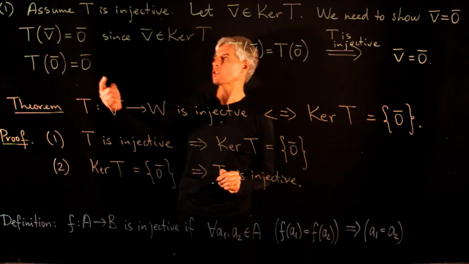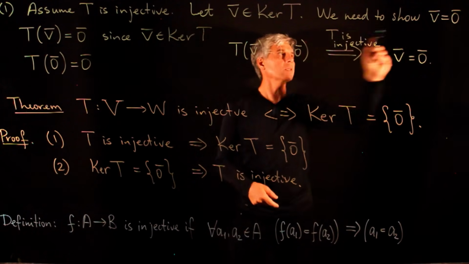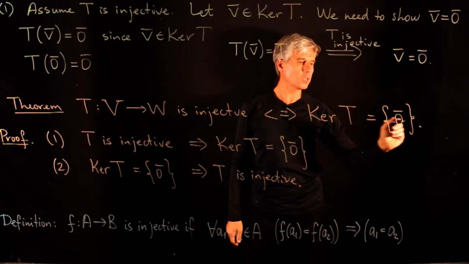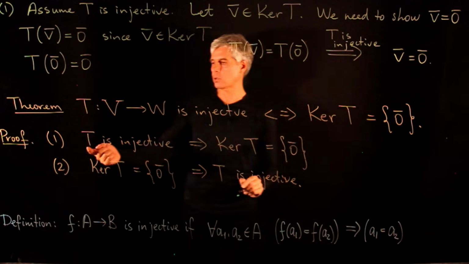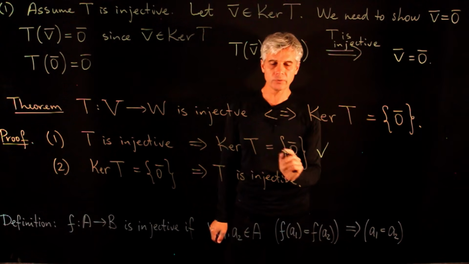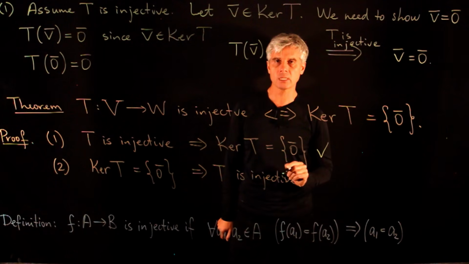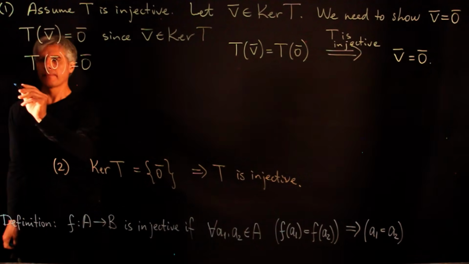And here this shows that the only vector that belongs to the kernel of T is the 0 vector. And so this proves that the kernel of T is 0. So assuming that T is injective, we were able to show that the kernel of T consists of just a 0 vector.